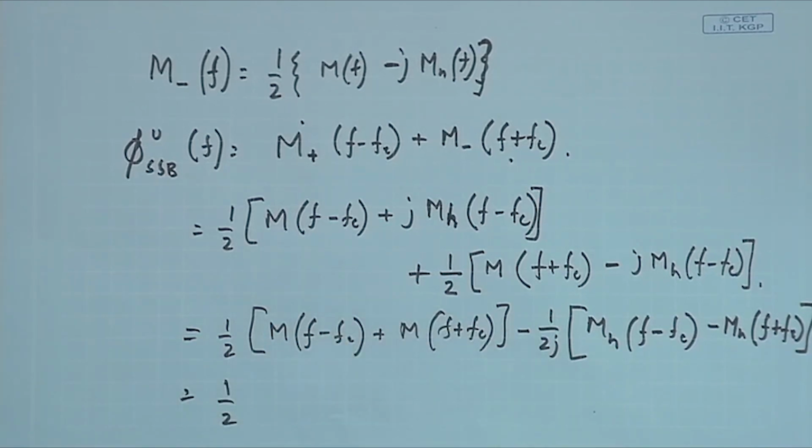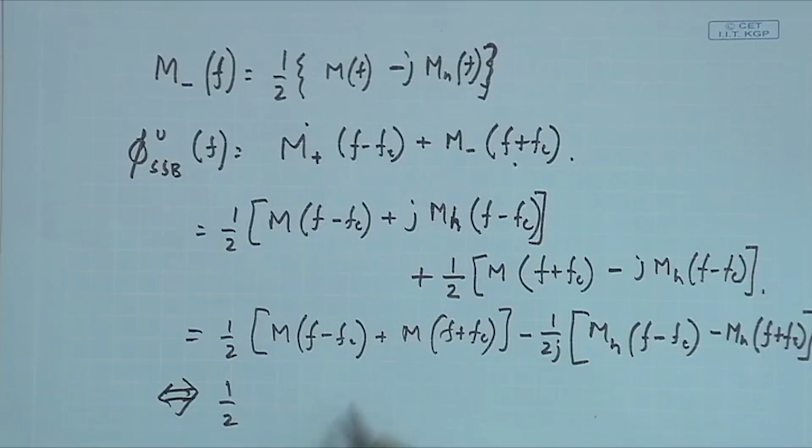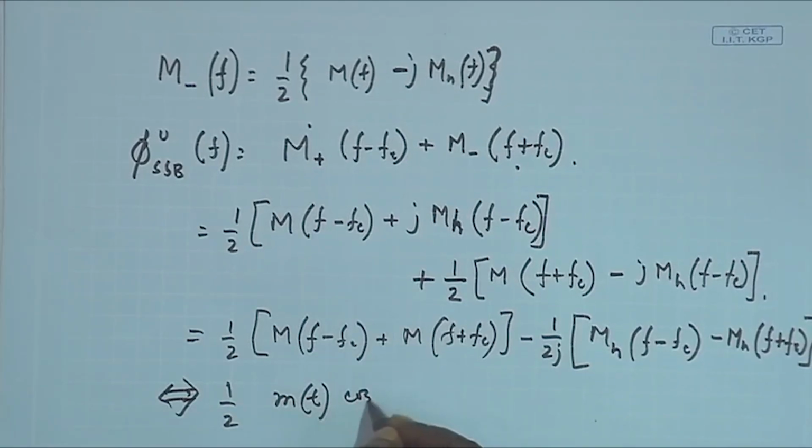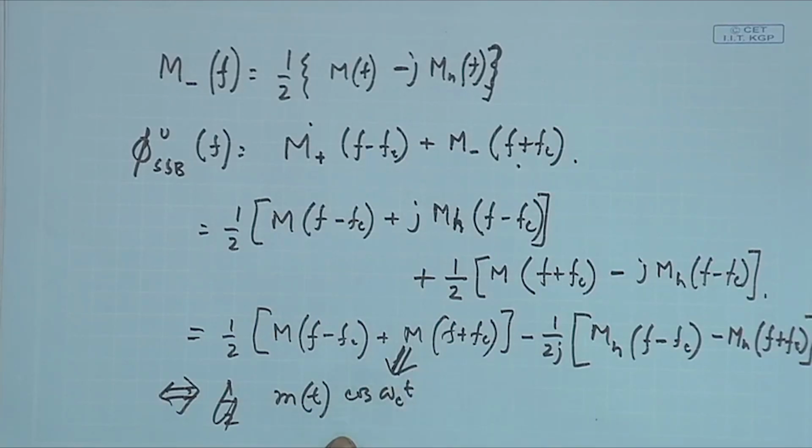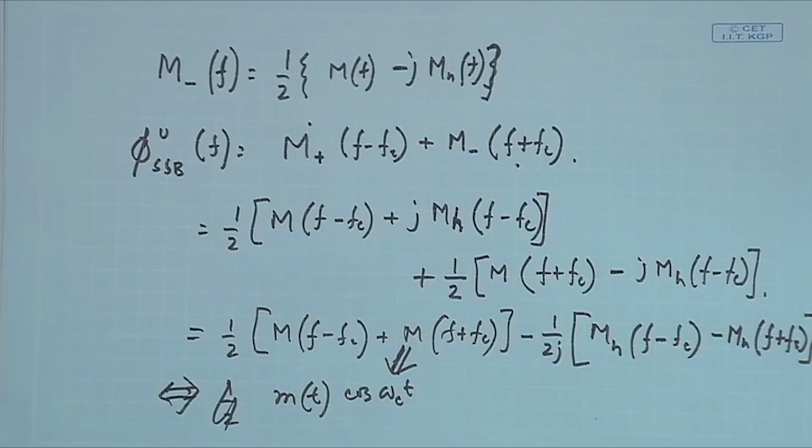What is this? This is the modulation of MT or MF, I should say. So, if I just wish to now do a Fourier transform or inverse Fourier transform of this one, what do I get? This must be represented as MT cos omega Ct. Of course, that half term will be gone, okay, because with half it will be this. So, MT cos omega Ct, this will be represented, and this particular term, that should be 1 by 2J, and this is just for the sinusoidal one.